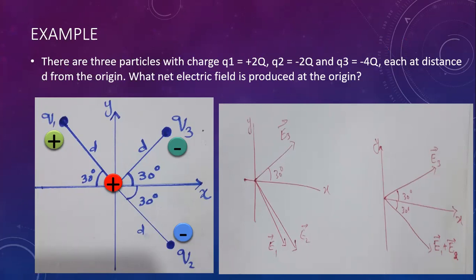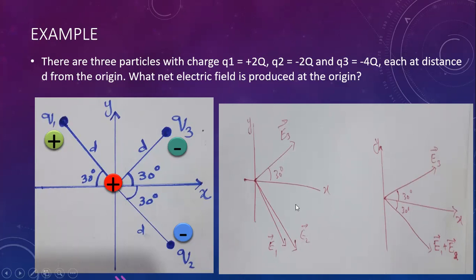If we compare the sum of E1 plus E2 with E3, we can see their x-axis components are in the same direction, but the y components are in opposite directions. So the y components will cancel each other, and we will have only 2 times the x component.